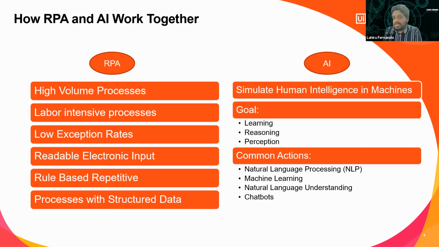That's the task of RPA. But what is AI? AI is a technology that can simulate human intelligence on machines. This is a very interesting topic because today we talk about so many AI related use cases. I'll give you some examples after explaining these things.